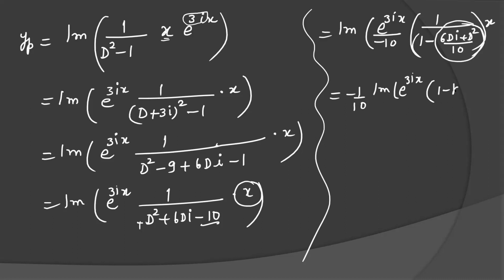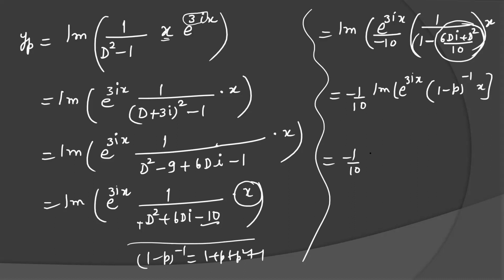Okay, now this is in one bracket, and we can call it a small p. So it will become 1 minus p to the power minus 1 into x, where p is 6Di plus D square by 10. And the expansion of, I told you, 1 minus p to the power minus 1 is 1 plus p plus p square and so on. And we will go up to degree 1 only. So don't expand more. It will become 1 plus p plus so on.